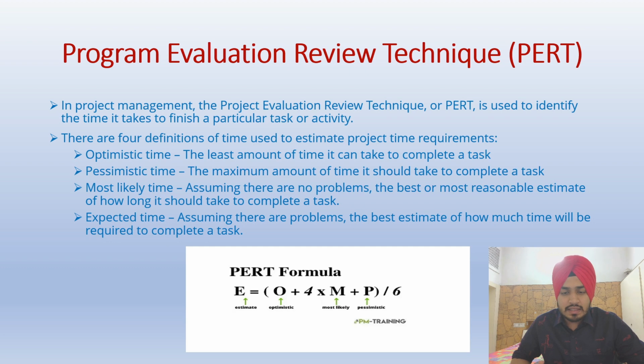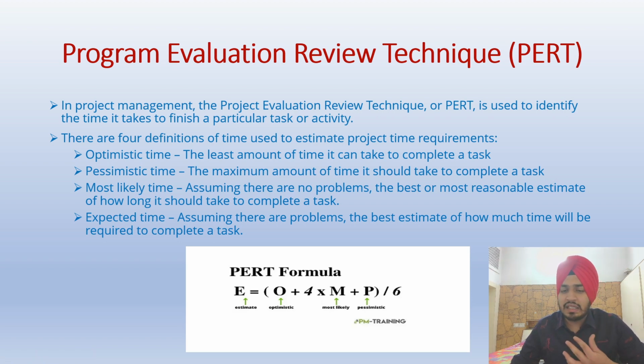Based on these three times, we evaluate the PERT formula and give the activity that estimate. The formula is: we add up the optimistic and pessimistic, add four times the most likely, and divide the whole by 6.